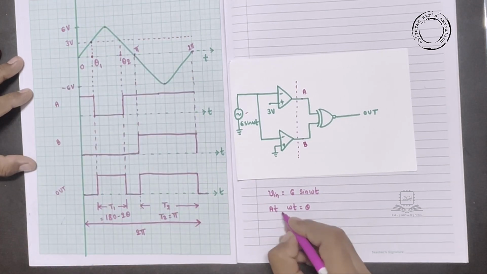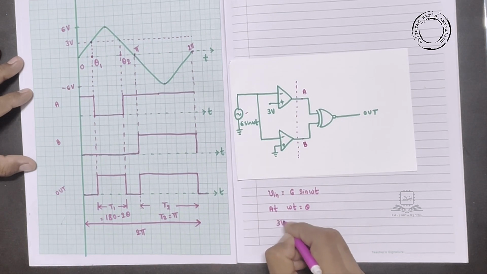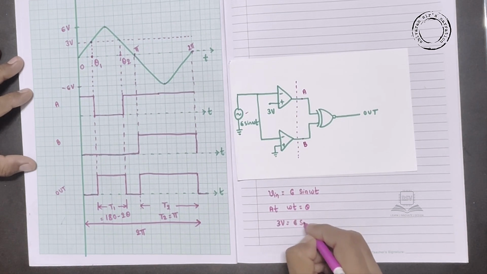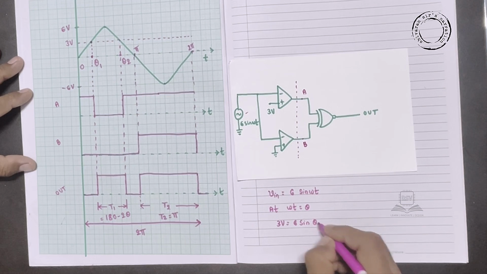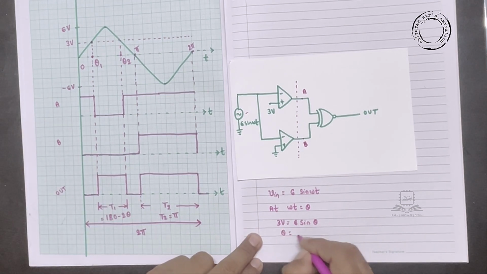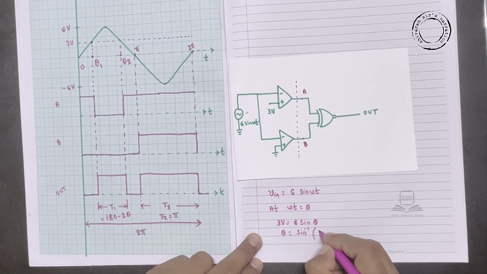So 3 volts equals 6 sin theta. Now theta will be sine inverse of 3 by 6, which is 1 by 2, that is 30 degrees, so you can write pi by 6.